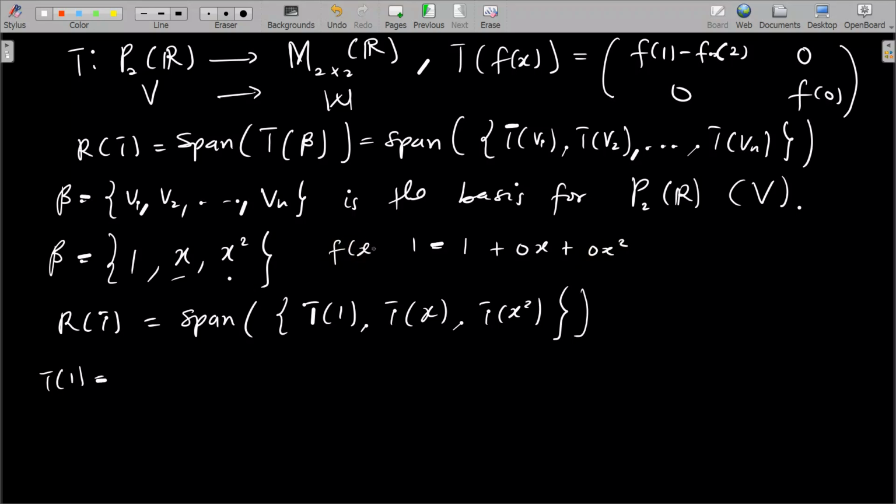Here our f of x is equal to 1. So what is T of 1? T of f of x, where f of x is equal to 1. So what is f of 1? I have my f of x to just be a constant, the constant 1.